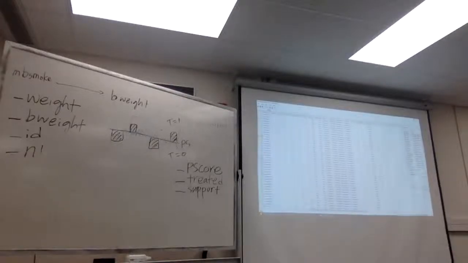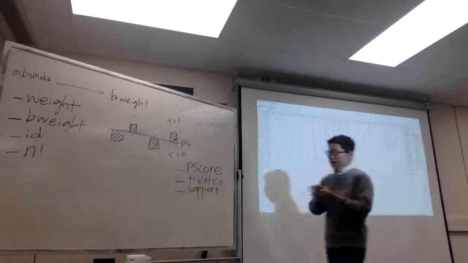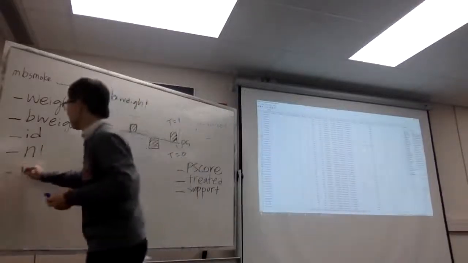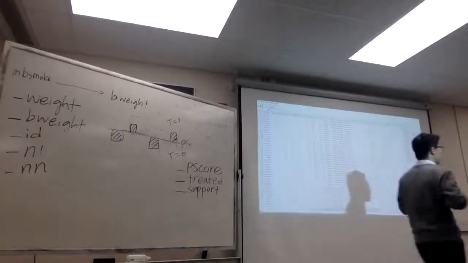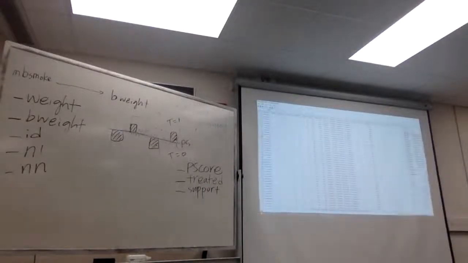So you can keep track of which case was matched, and what was the outcome for that matched case, and so on. And the NN is the number of matched control cases, which is 1 because it was a 1-to-1 match.